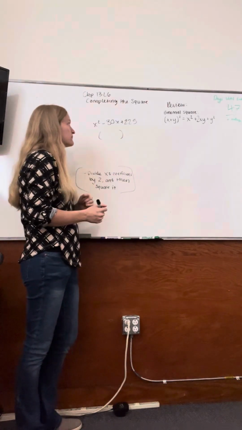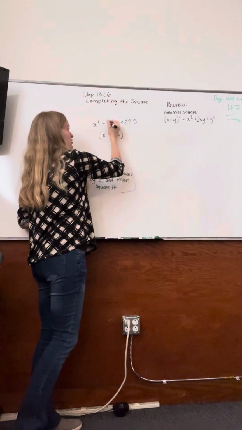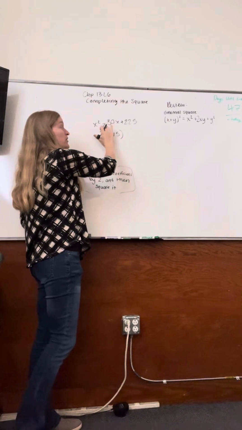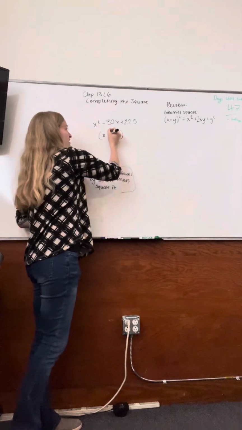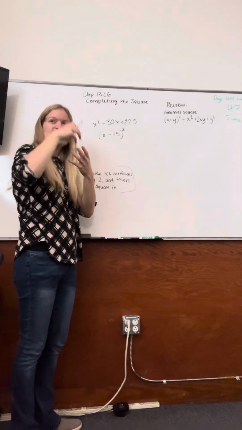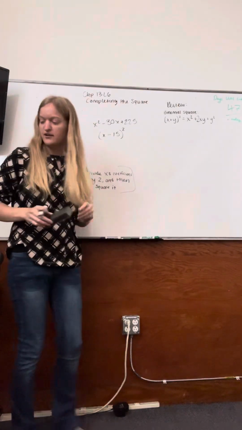You used the first and the last term and you take the square root. So the square root of x is x, the square root of 225 is 15, but the sign in the middle is determined by this coefficient. So this will be a negative, and this will be squared because we split it into two pieces. Okay, let's try another one.